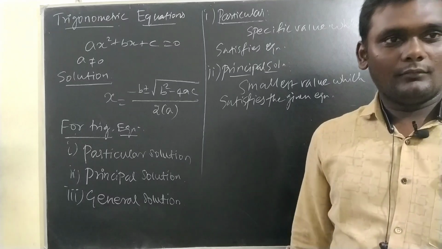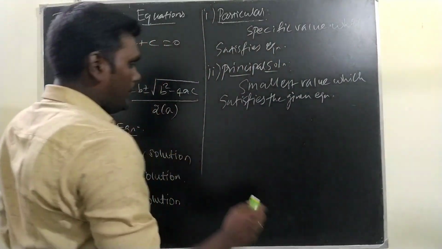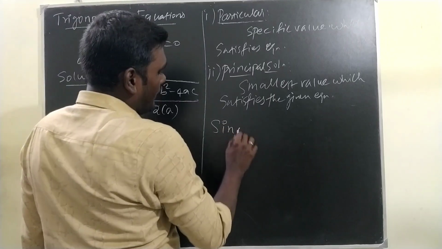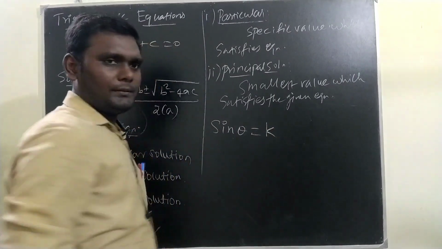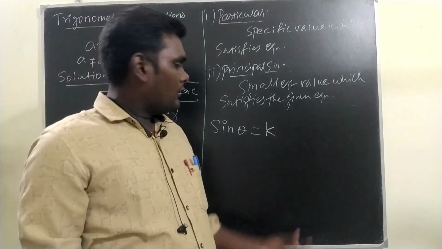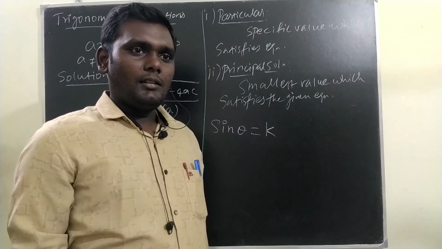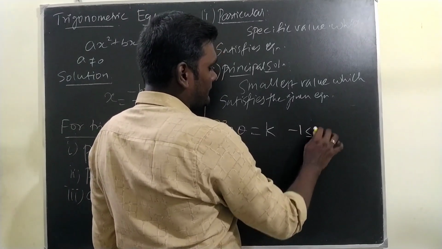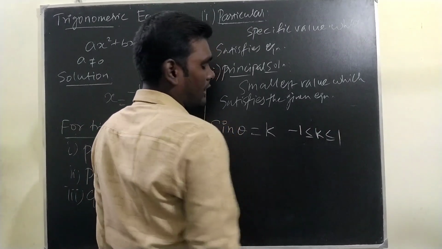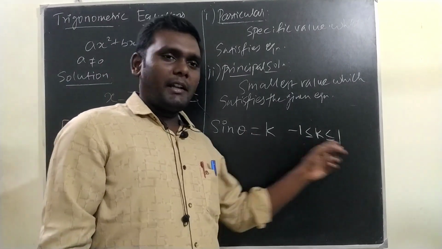That's very important. For example, you say sin theta equals some value like k we may get. What are all the possible values of k? The maximum value of sin is, it starts from -1 to +1. Sin theta varies from -1 to 1 only.